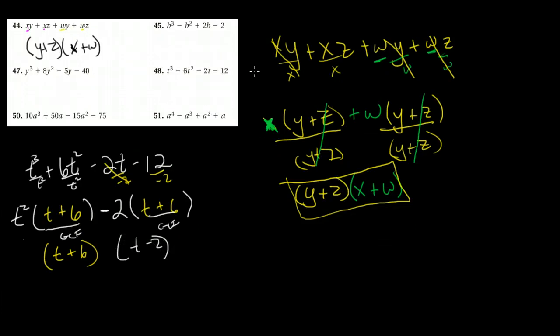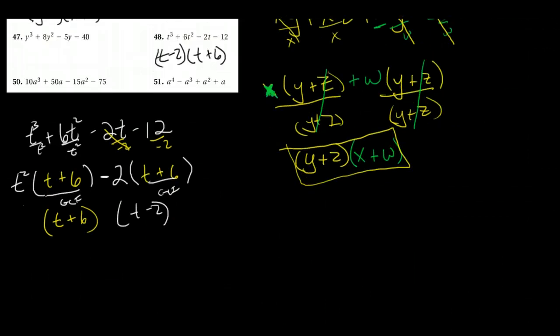So number 48 in its factored form is, let's use the old commutative property and turn that around to t minus 2 times the quantity t plus 6.